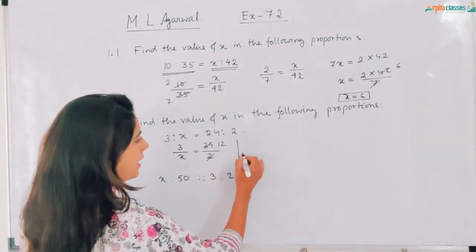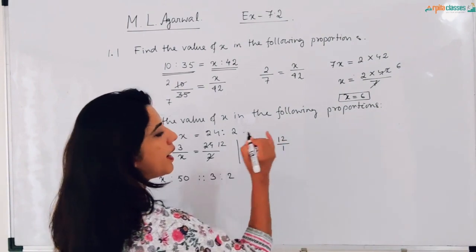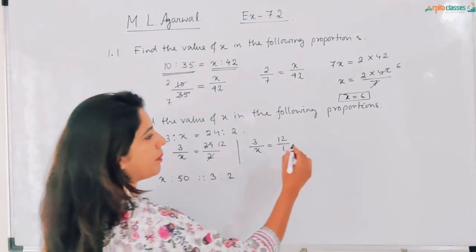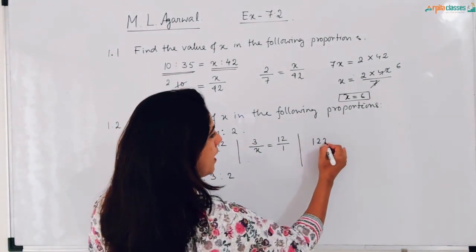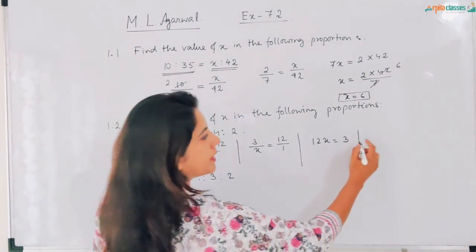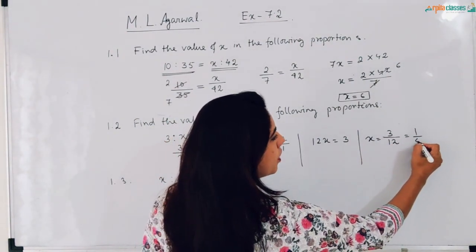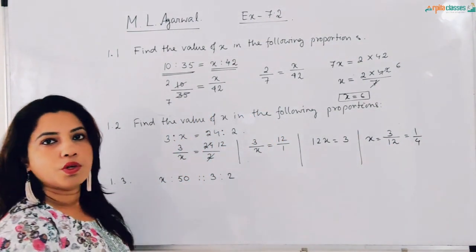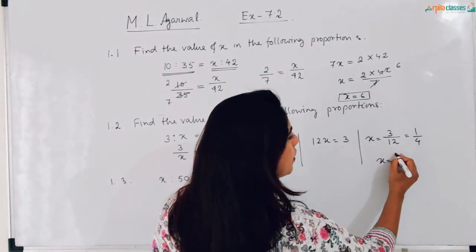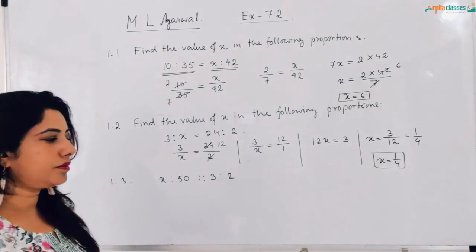Now we are getting 3 upon x is equal to 12 upon 1. So now cross multiply, we get 12x is equal to 3, or x will be 3 upon 12, that is 1 upon 4. So the value of x here is 1 upon 4 for the second question.